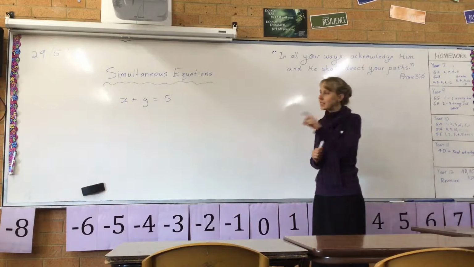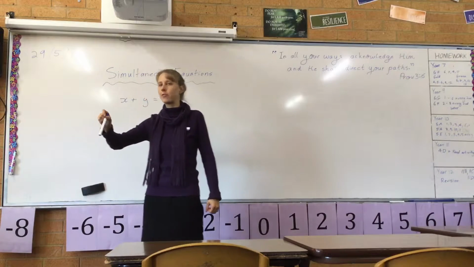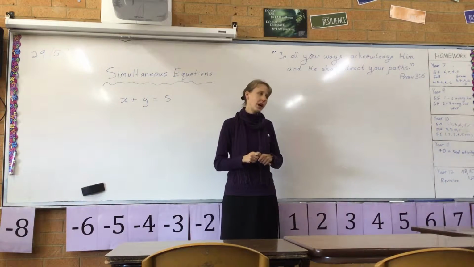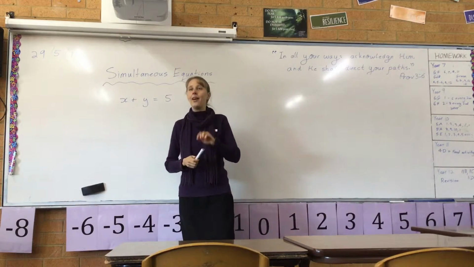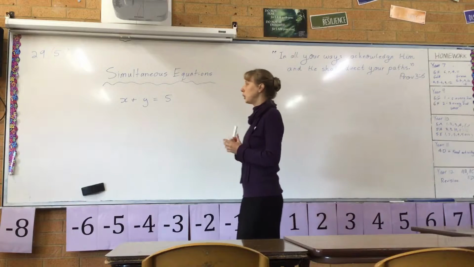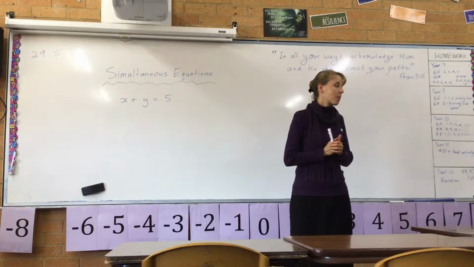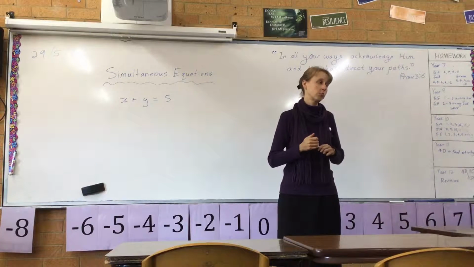What is different about this one compared to all the other equations we've been solving is the fact that there are 2 letters. Up until now we've only had 1 letter. So does that mean there's no right or wrong? Or it means that there's an infinite number of solutions.